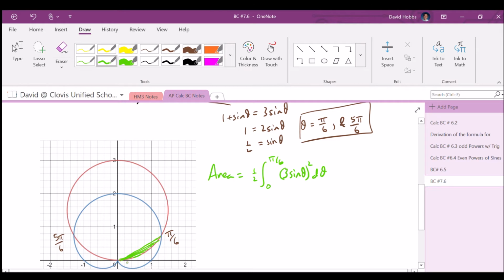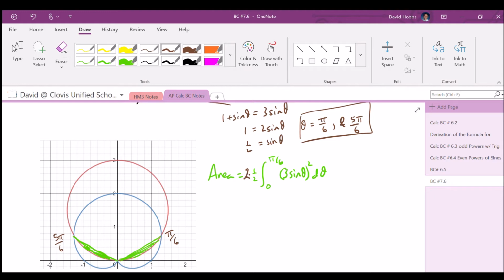Now, that's just that one over here. The same thing's happening over here, and you're sweeping out this part right in here very similarly. So what we can do is simply double that, and we'll get those two bits right there.